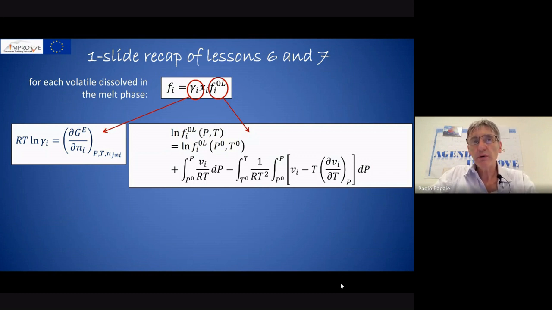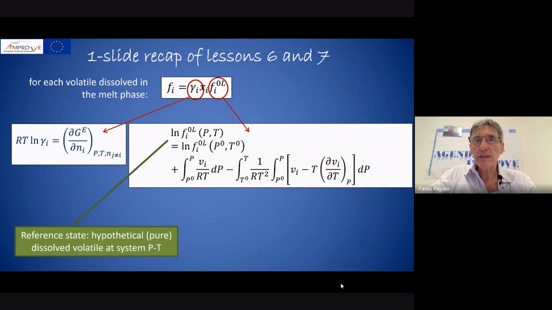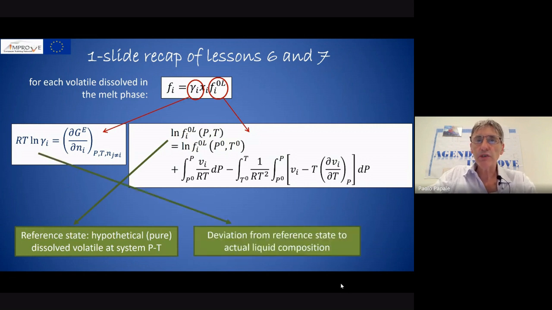We said, however, that a smart choice is that of giving the reference state the duty to account for pressure and temperature by letting the activity coefficient account for the actual liquid composition.